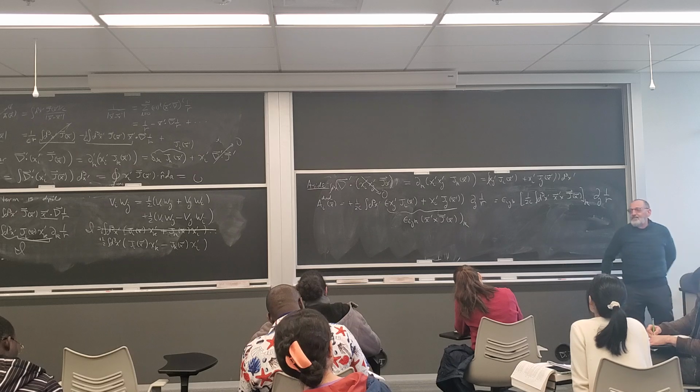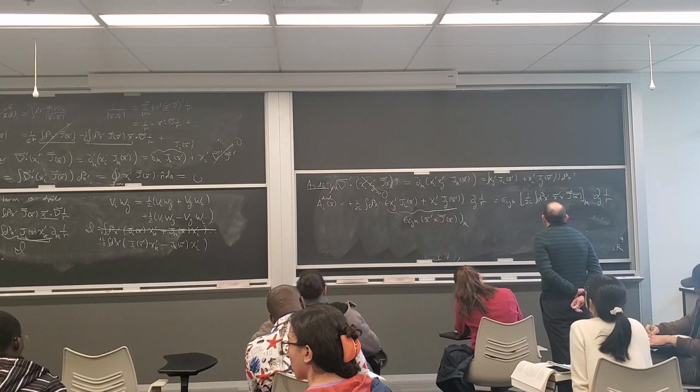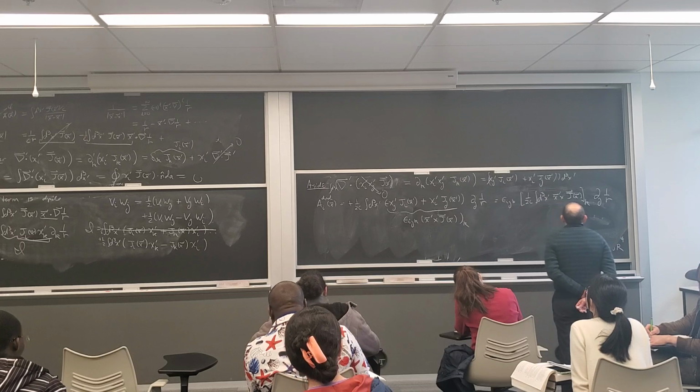So many cross products, so little time. The partial with respect to r of 1 over r can be rewritten. It can, but I'm not going to do it yet.